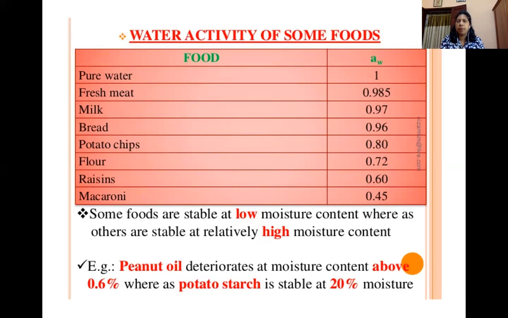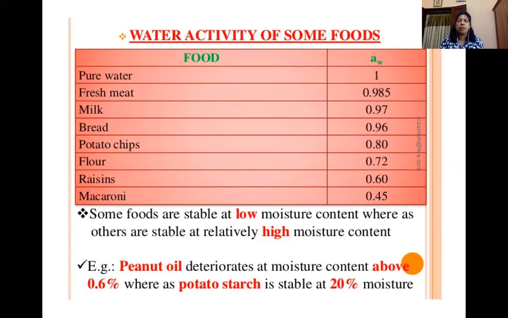That is why we can't keep fresh meat or fresh fish for a longer period in a normal environment, because microorganisms can be active, and the enzymes inside the meat or fish products can act a lot. So the product can't be kept for a longer period.